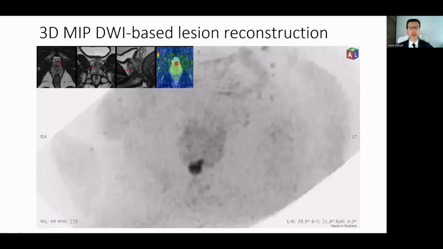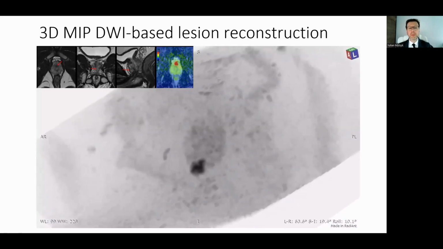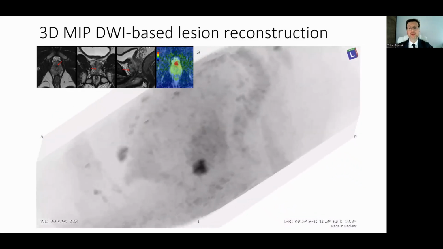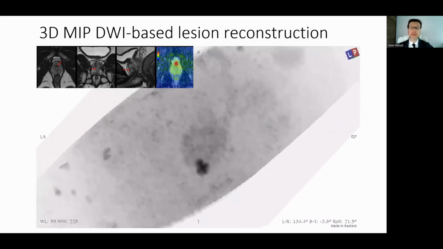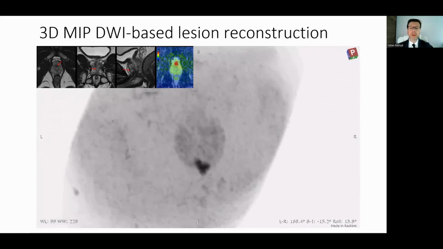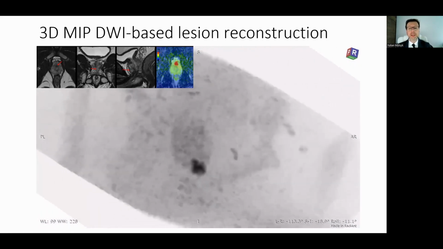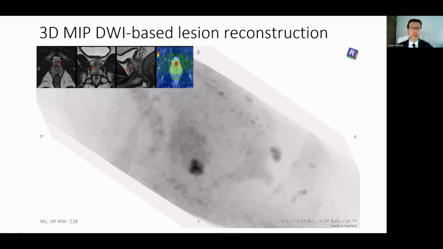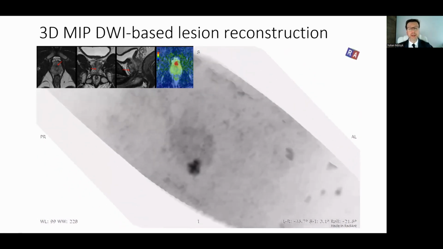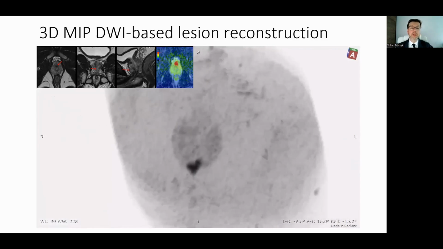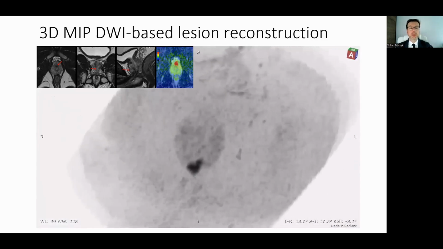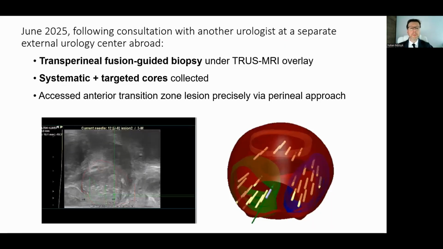Additionally, a three-dimensional DWI-based lesion reconstruction was performed exclusively by me for this patient in order to enhance the precision of the targeted biopsy. As we can see, this lesion is located in the apex of the gland, which corresponds to the initial plain MRI images.